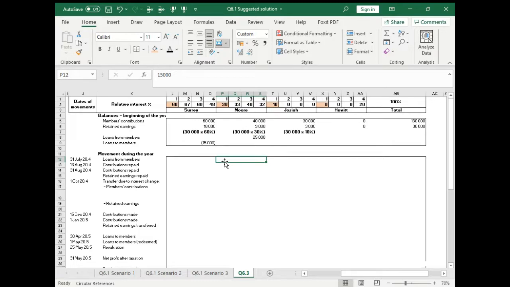So on your trial balance, it shows whether it is an asset or liability to the CC. Here you show whether it's an asset or liability to that member. So on your net investment, it's going to be exactly the opposite way around to how it's shown in the trial balance of the CC.